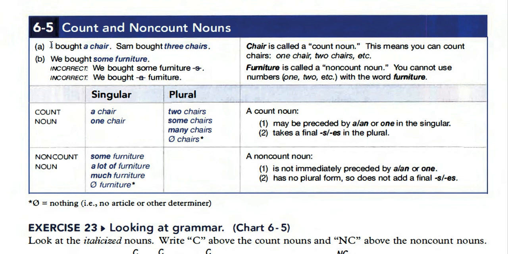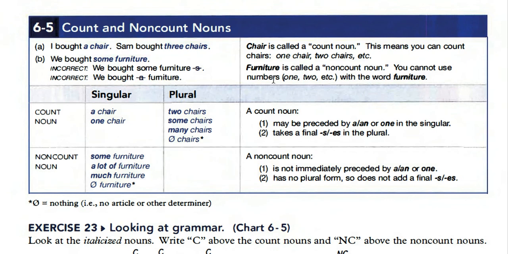It means we are not sure about the quantity, or what furniture, or how many items, and that's why we said we bought some furniture. Some furniture means maybe the cupboard, the chairs, the tables. All of these can be listed under furniture, and that's the note here: furniture is called a non-countable noun.